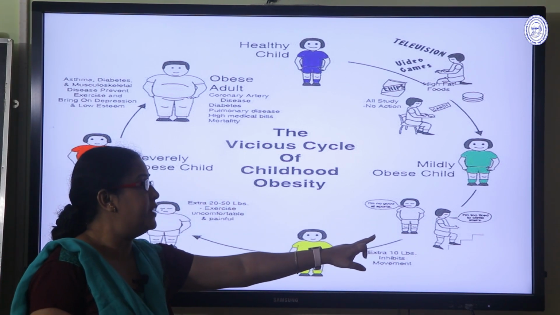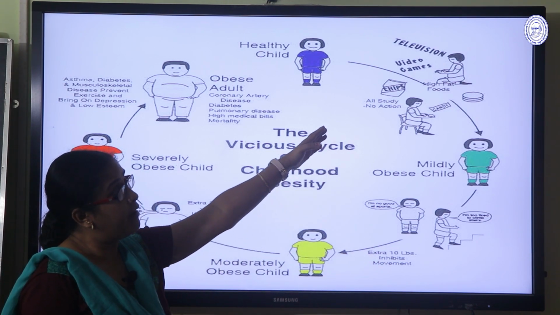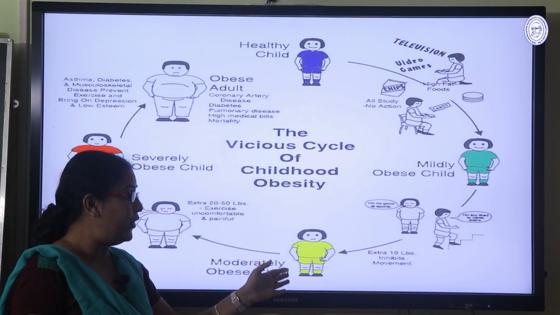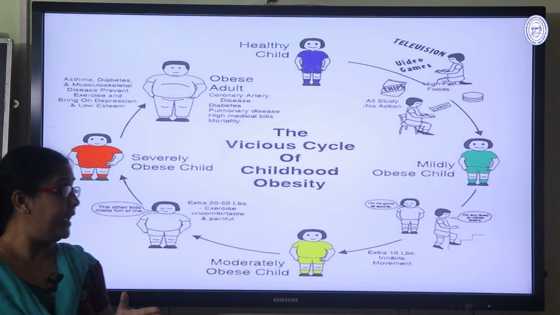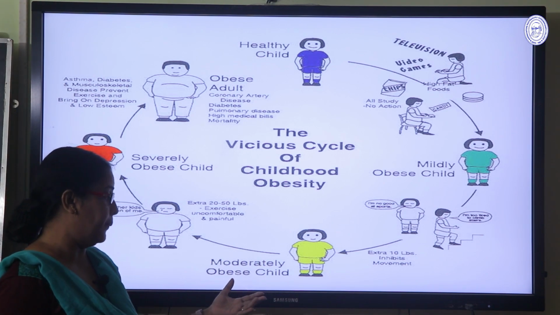Again this mildly obese child refuses to do physical activity. His food habits are already faulty and this results in a moderately obese child by gaining an extra 10 pounds of body weight, and he wants to inhibit different types of physical movement.